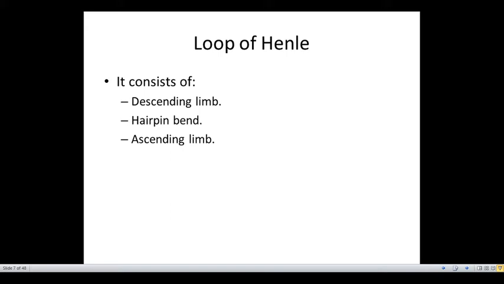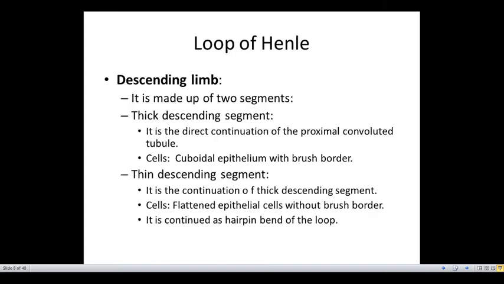Loop of Henle. It consists of descending limb, hairpin bend, and an ascending limb. Loop of Henle, descending limb.